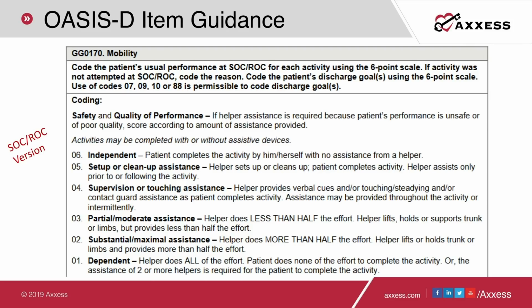Let's get started by looking at the item itself. Now, as I said in part 3, if you don't already have a printed copy of the new GG and J items in front of you, I would pause the presentation and get a copy, or pull it up on a different monitor from the OASIS-D guidance manual.